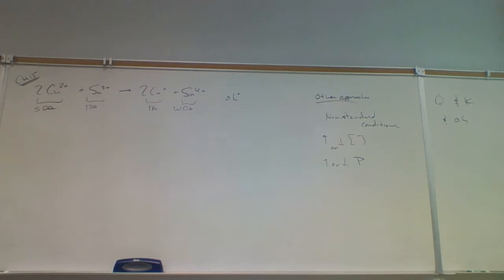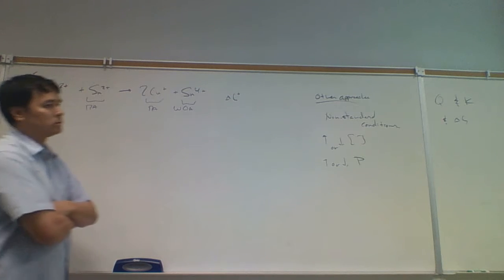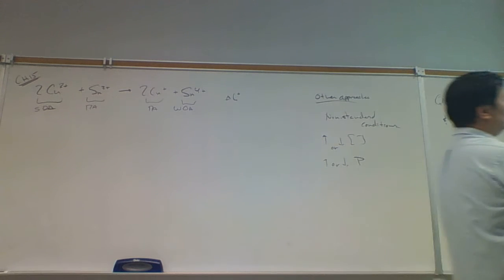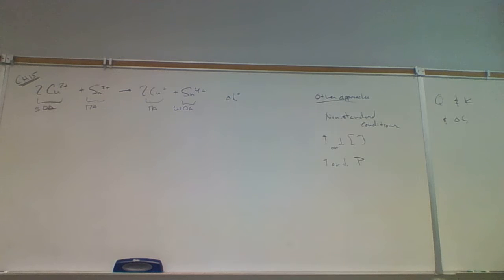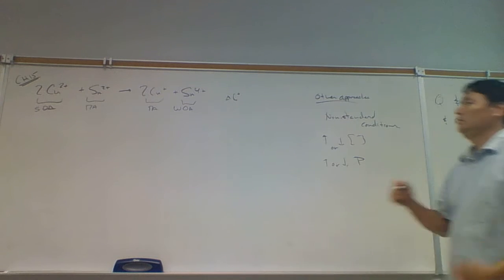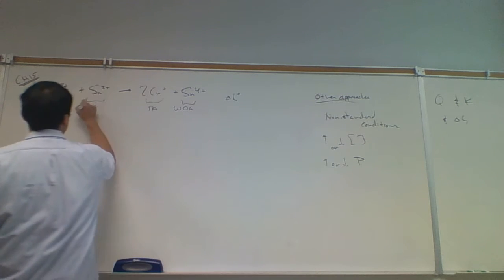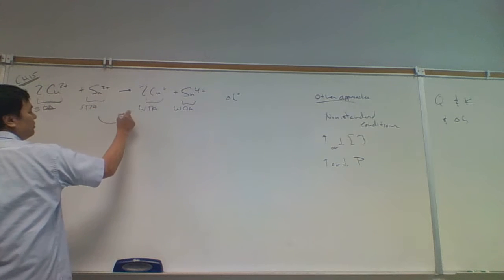That means the reducing agents must follow the same pattern. So if we take a look at the reducing agent, lithium's way down here at the bottom. So tin 2 is stronger than copper 1. This is stronger. So we're going from stronger to weaker.